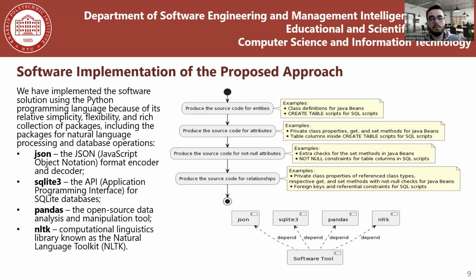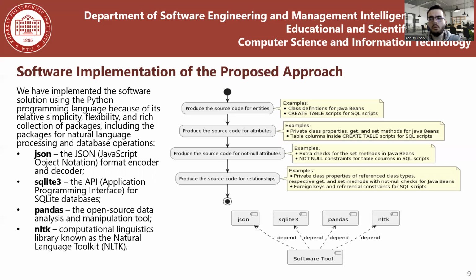Finally, we have implemented the software solution using the proposed approach, and we use the Python programming language because of its relative simplicity, flexibility, and first of all, the rich collection of packages, including packages that can help us work with natural language processing and database operations.